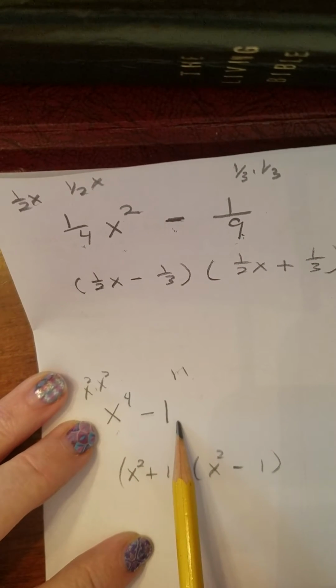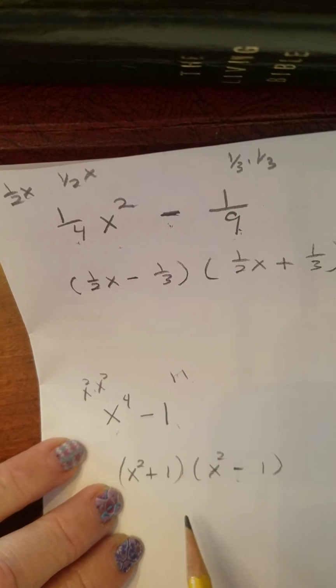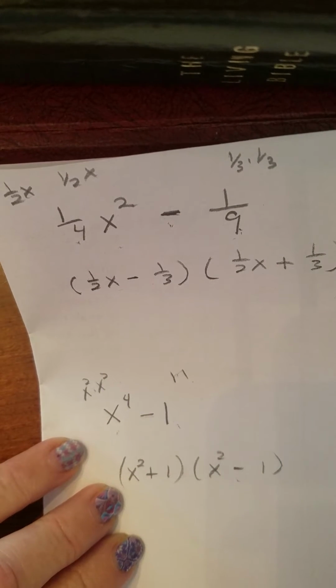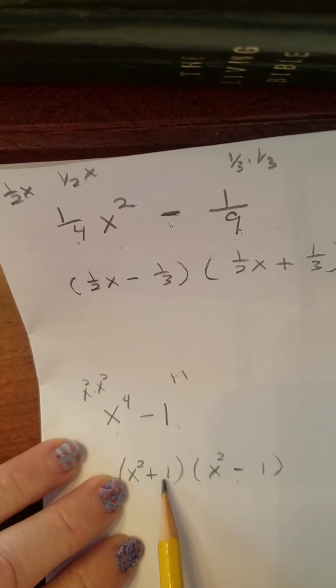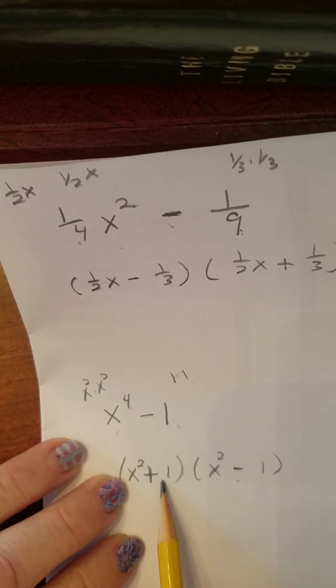So this is a difference of squares that factored into a conjugate. Always when you're factoring, you're going to look again and ask, can I factor again? Well, this is a perfect square, and this is a perfect square, but is it a difference of squares? No, they're adding here. So this won't factor again.